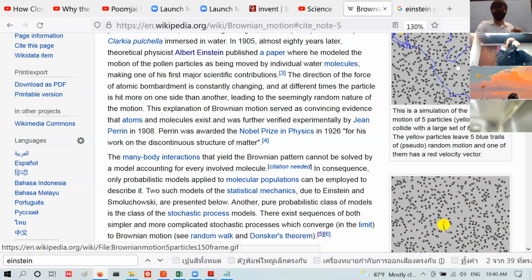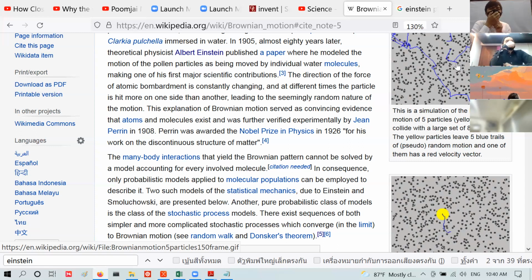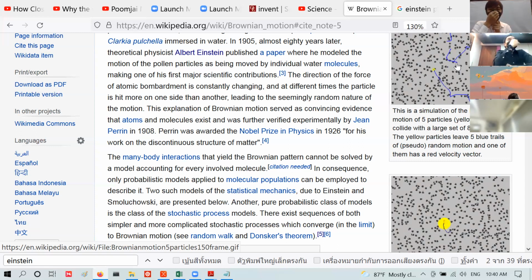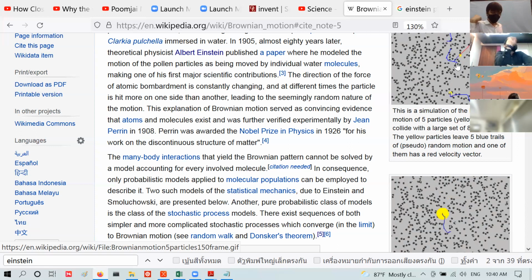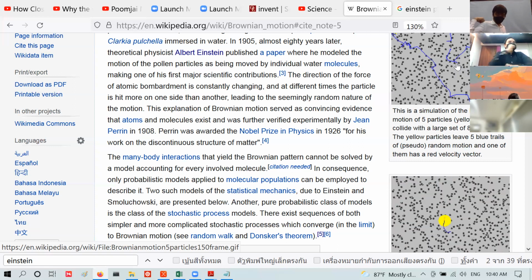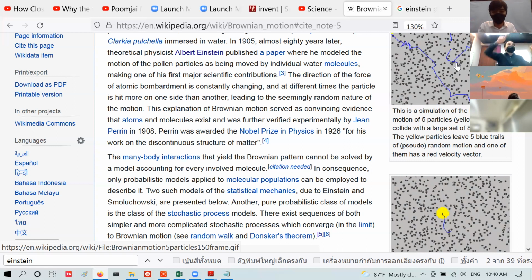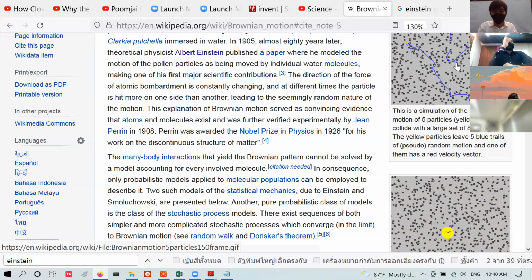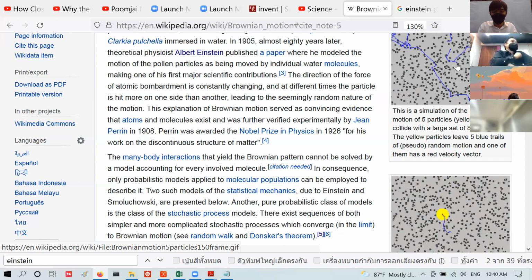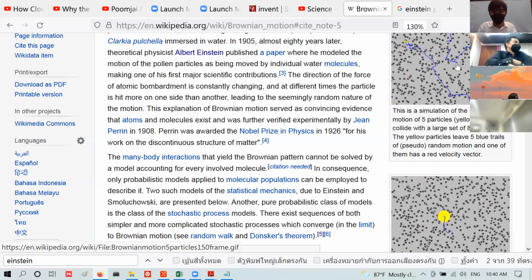What Einstein's characterization ended up as, what we know today as Brownian motion, is that if you close your eyes for 1 second, the distribution of location has a certain amount of variance. If you close your eyes for 2 seconds, the distribution has twice the variance.